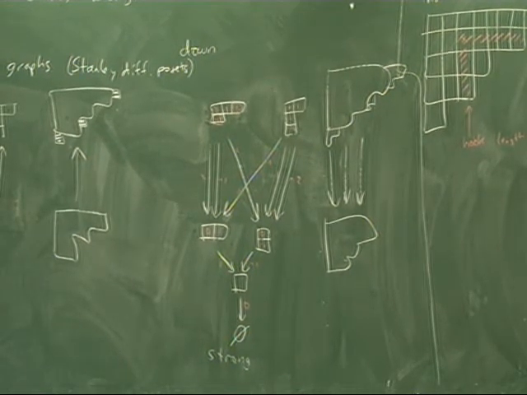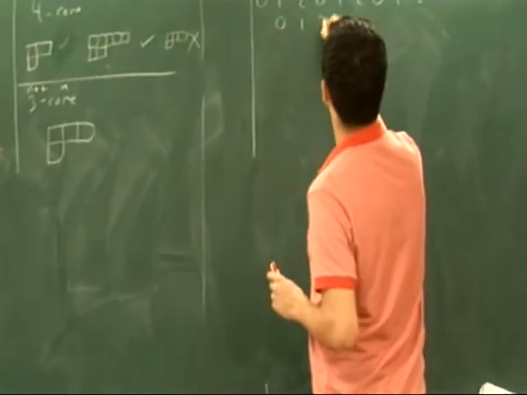And so you can play and we can make a really large 3-core or something. So I'm going to put the plane like this, and I'm going to label my diagonals 0, 1, 2, 0, 1, 2, 0, 1, 2, right?